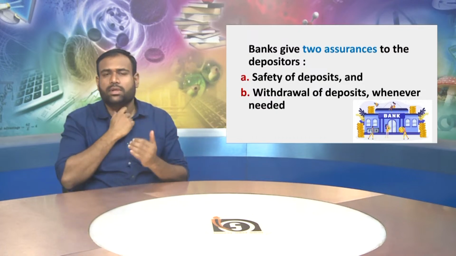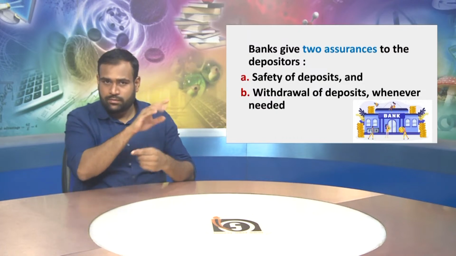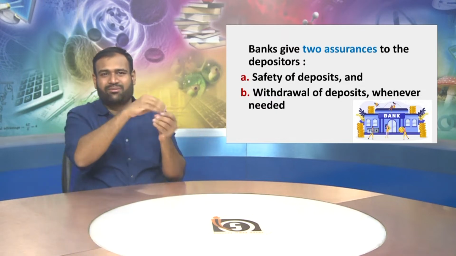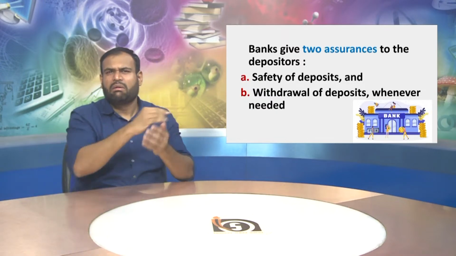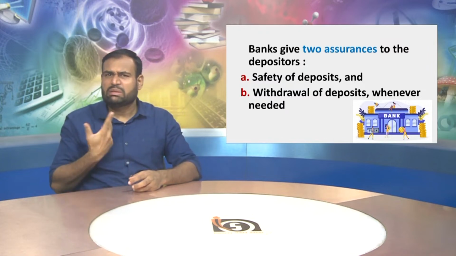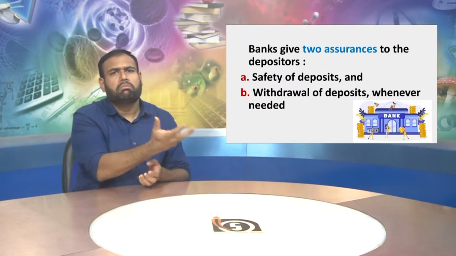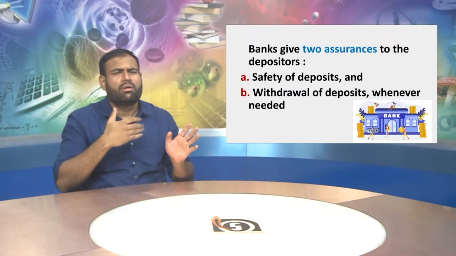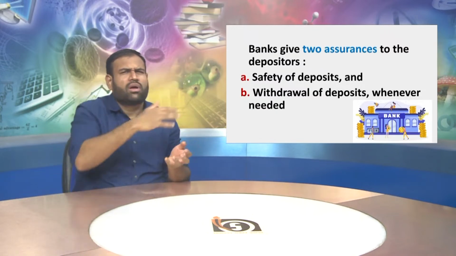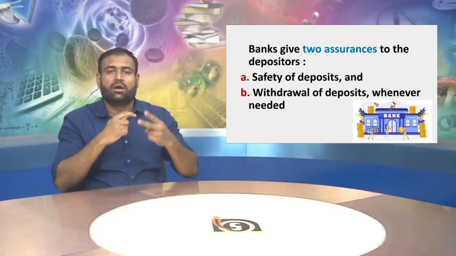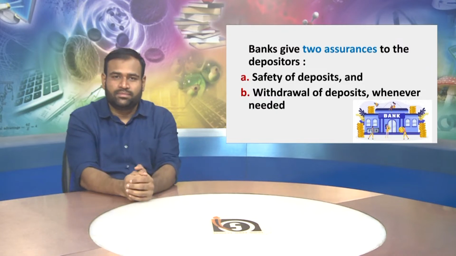I will not be at any financial loss. And the B point explains that withdrawal of deposits whenever needed. In case of any emergency or need, I can withdraw my deposited amount anytime.